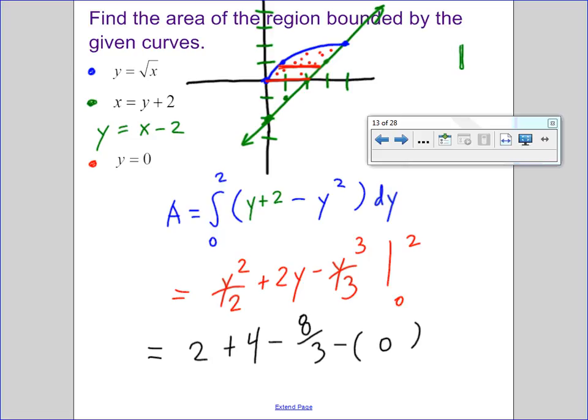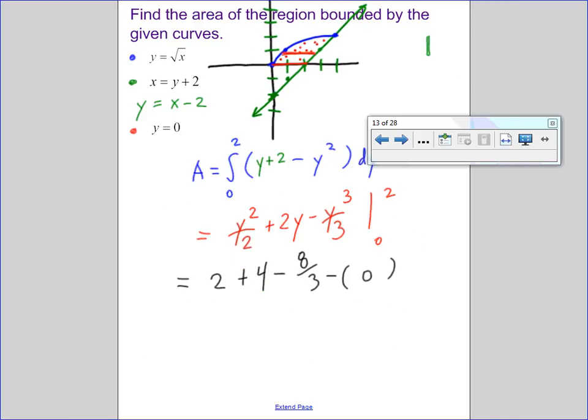So I'm getting 6 minus 8/3. That would be 18/3 minus 8/3, which is 10/3. Awesome. And we did it without a calculator. Cool.